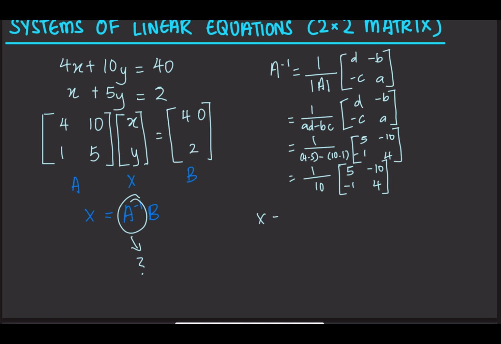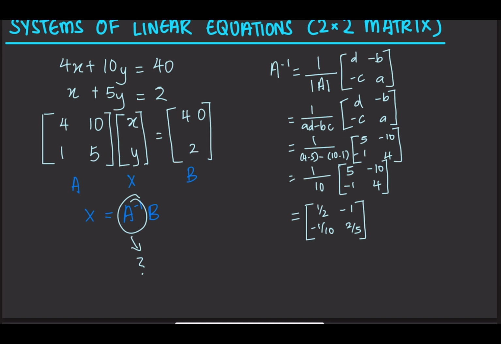Now X equals A inverse B, remember? So let me simplify. After multiplying with the scalar, 5 over 10 is 1 half, negative 10 over 10 is negative 1, negative 1 over 10, and 4 over 10 is, let me just double confirm, 2 over 5.